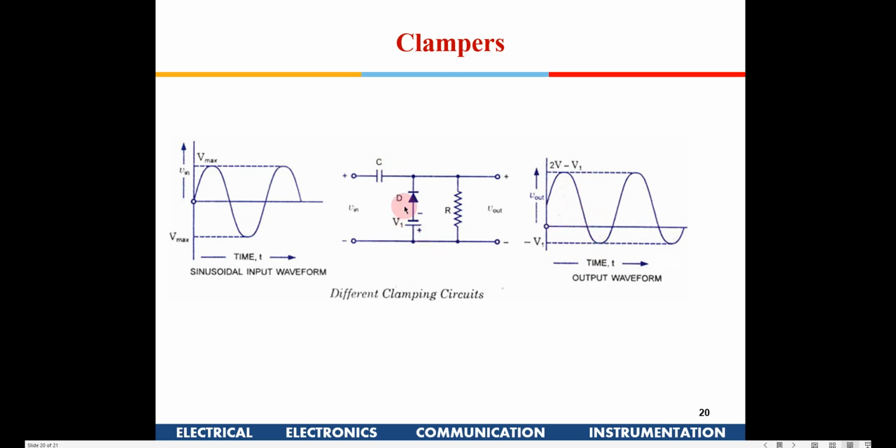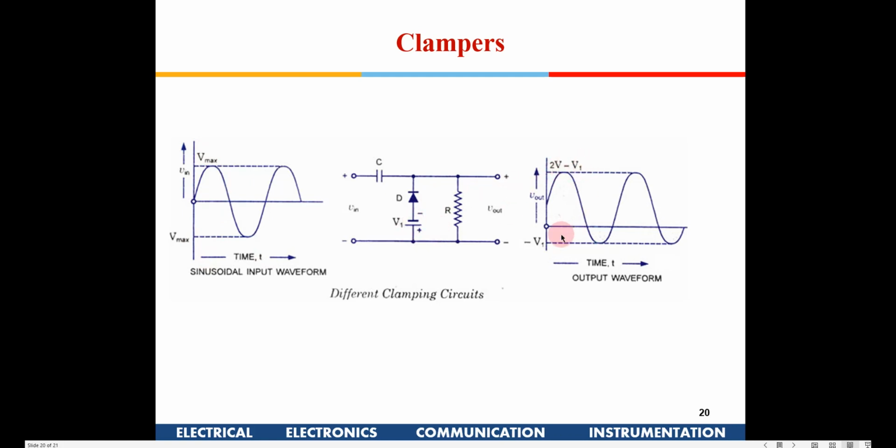The voltage corresponding to the minimum position will be minus V1, and the top one will be 2Vmax minus V1. If you take the peak to peak in this case also, it will be 2Vmax, right?